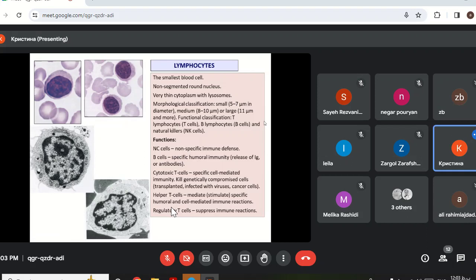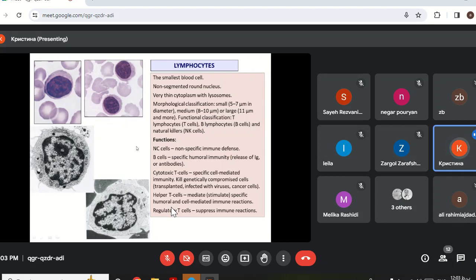Morphologically, they are subdivided into three subpopulations: small, medium, and large. And functionally, they are subdivided into T and B lymphocytes and NK, natural killer cells.